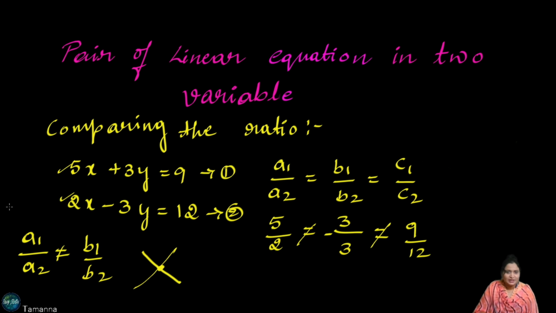This one is the main condition. Next, properties: how many solutions are there for an intersecting line? Only one solution, that is called the unique solution.